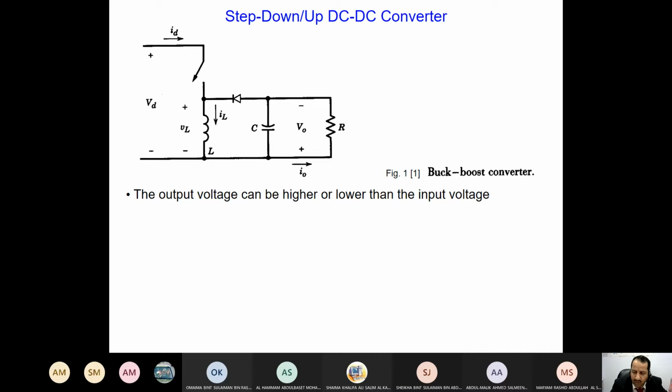Look to your input and the application. As an example, if your output is never going to be higher than the input, then you go for buck. If you need higher than the input, you go for boost. If the load needs voltage lower or higher than the input, you go for buck-boost.